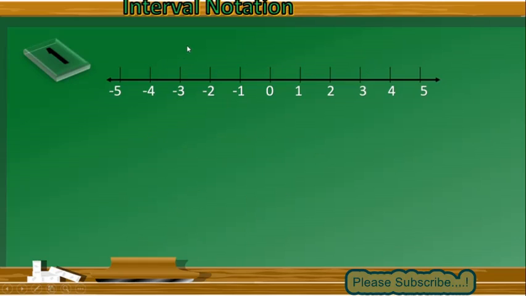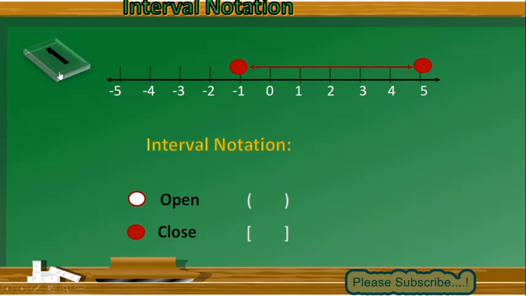Okay, next one. The second example is that one, and there we will determine the solution of that inequality. In writing the interval notation, remember that this is referring to closed, so we will use the bracket.